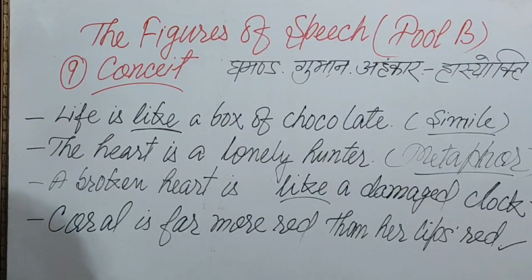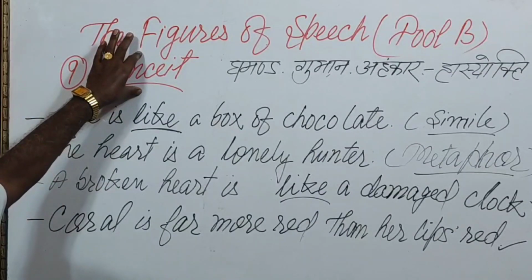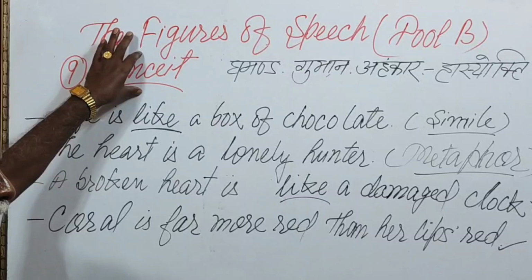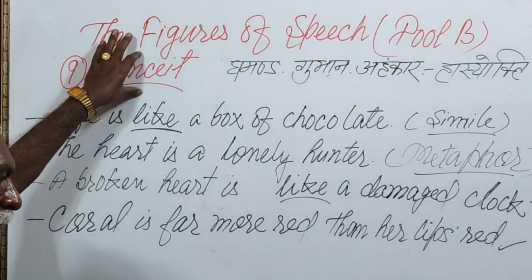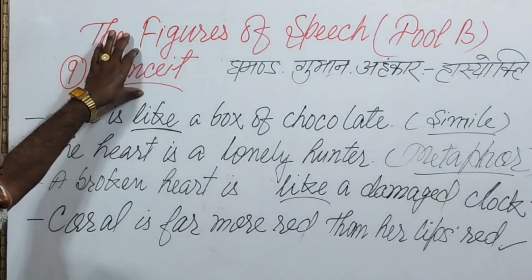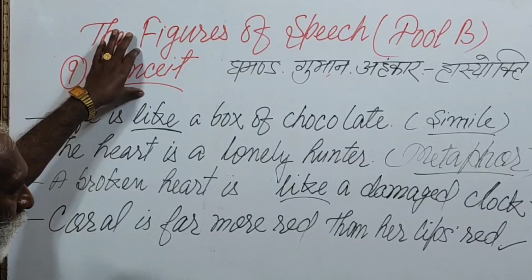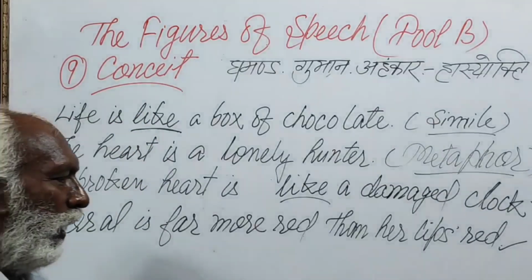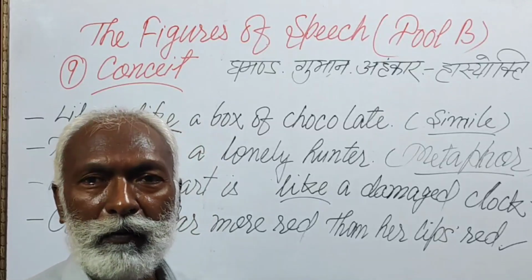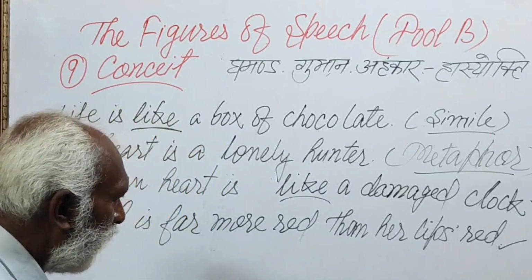So what does it show? Conceit, that is very, means it is artistic, it creates artistic effect. The fact of being too proud, creating artistic effect. It is now a device, a literary device. This expression is very clever and trying to be very clever, but sometimes unable to succeed.